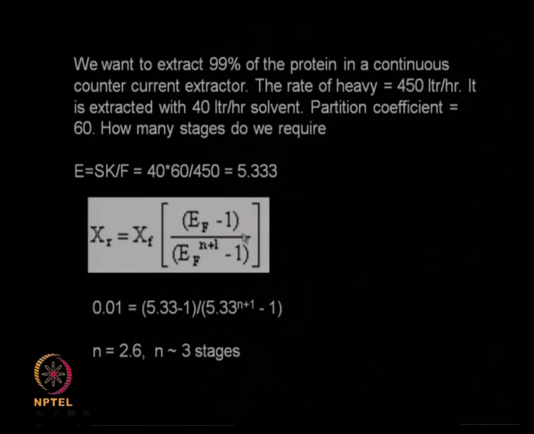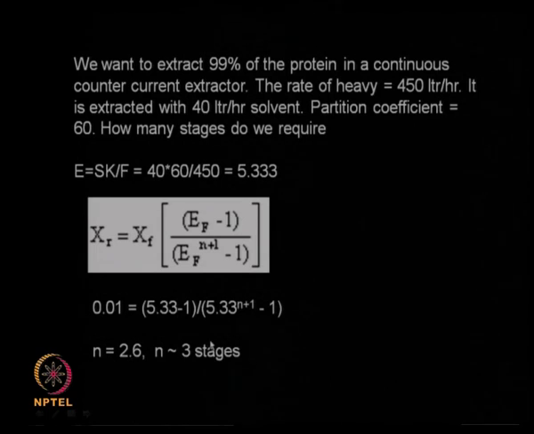Now you take this equation, I want to extract 99%, right. So XR by XF will be 0.01, that means only 1% of the solute is left behind in the raffinate. Then I substitute all these terms here. Once I substitute all these terms, I get n is equal to 2.6, right.